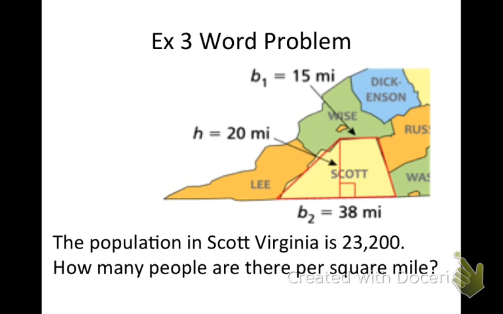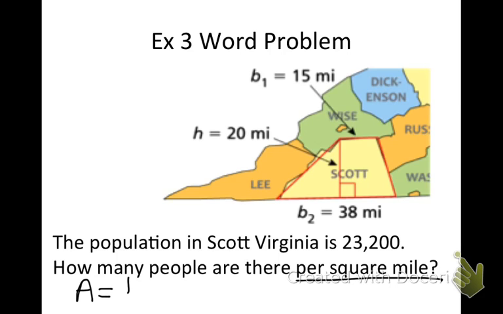Okay, so here we have a word problem. The population in Scott, Virginia, that's the red trapezoid that you see, is 23,200 people. How many people are there per square mile? The first thing we need to do is figure out the area of Scott, Virginia. Again, I'm going to write down my formula.